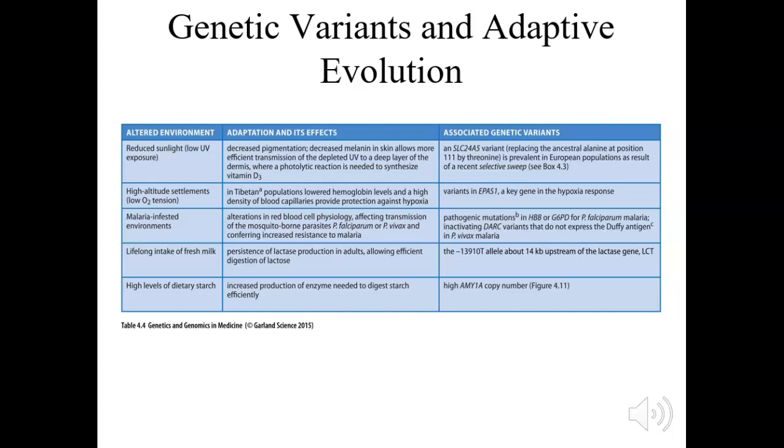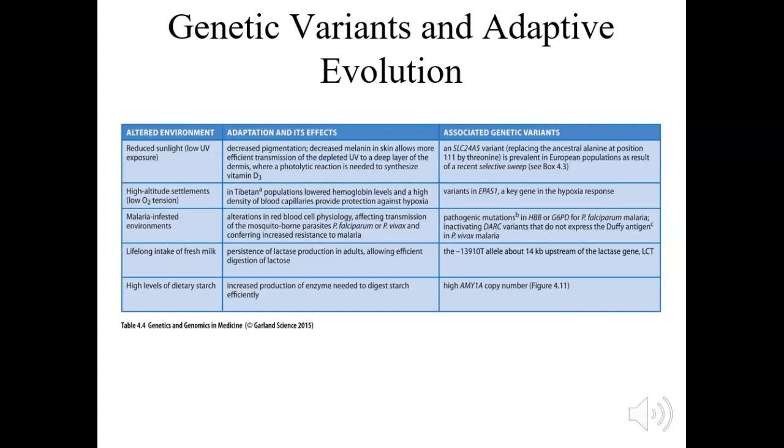Again, the one I really like is the second one. I'm not going to go through all these, but Tibetan populations, really interesting, have a gene involved in hypoxia response. And hypoxia obviously is not enough oxygen, because they are in very high altitude areas.